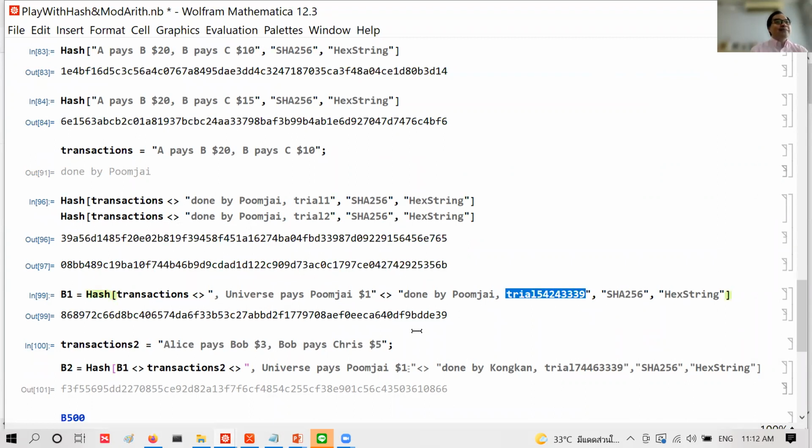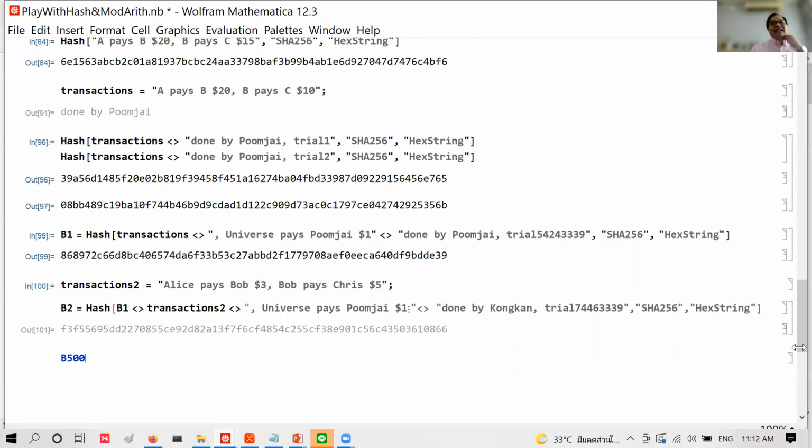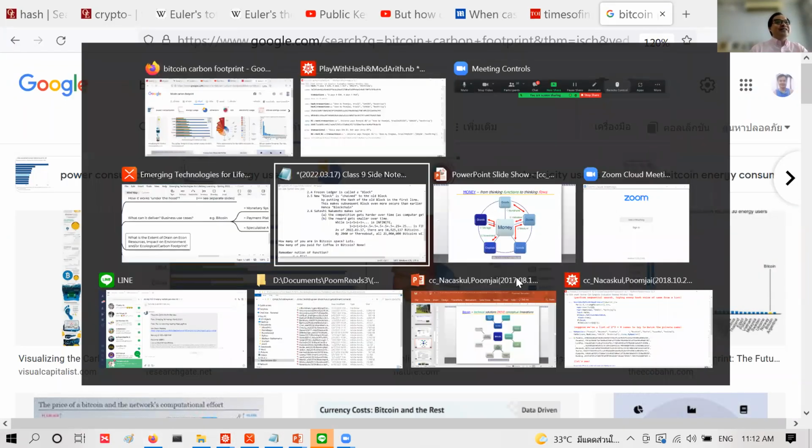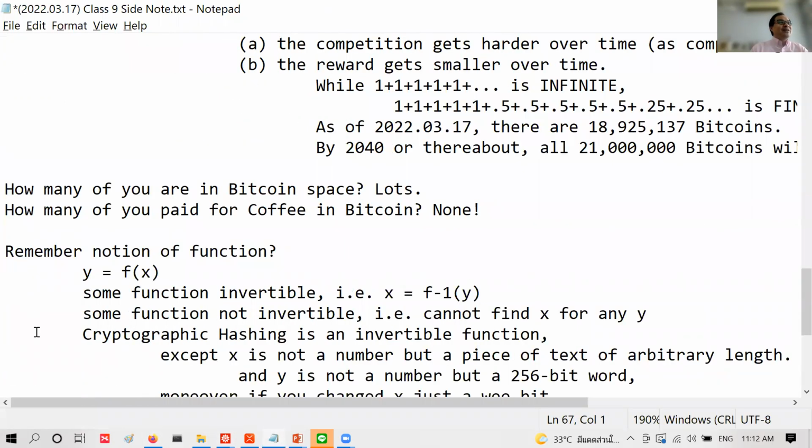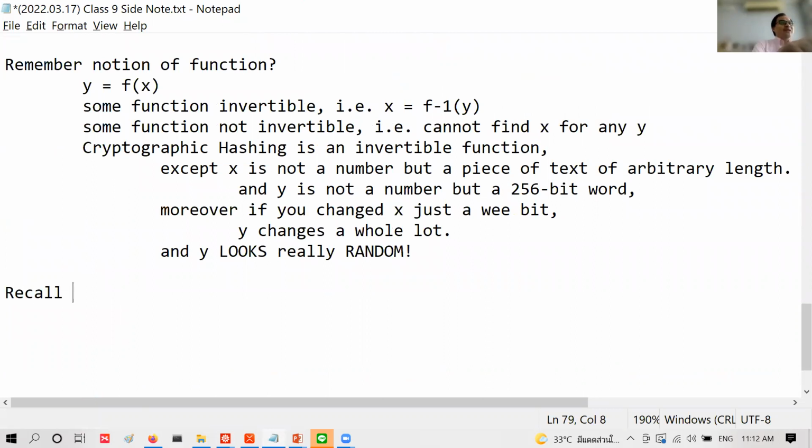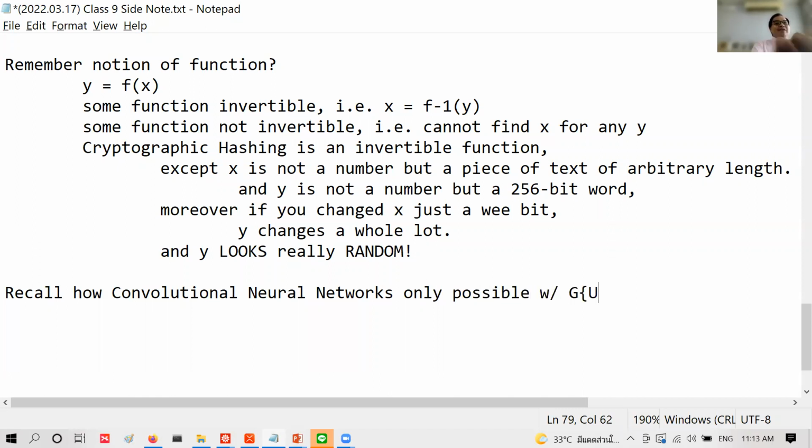Okay, in fact, remember I told you that, let me just recall how the convolutional neural network was only possible with GPU game cards.